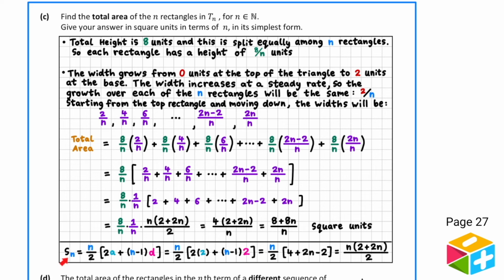It says that Sn, the sum of the first n terms in an arithmetic sequence, is n over 2 times 2a plus n minus 1 times d. In this formula, n refers to the number of terms in your sequence. Well, in our sequence, we were adding together the areas of n different rectangles, so the sum will contain n terms.